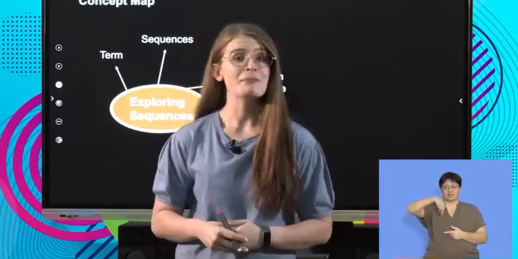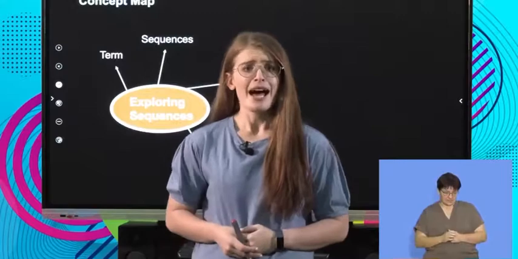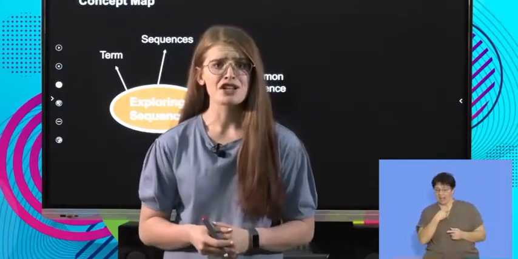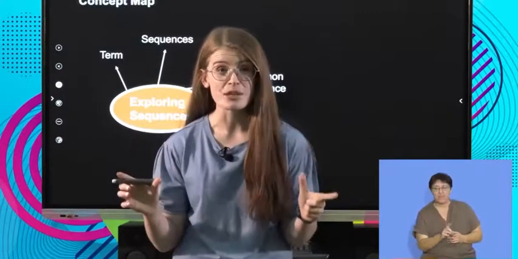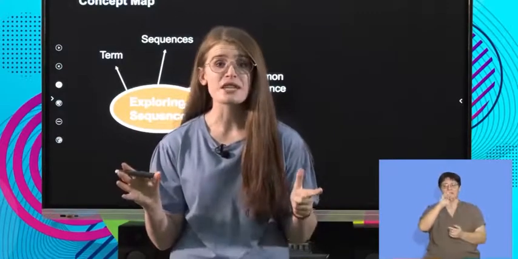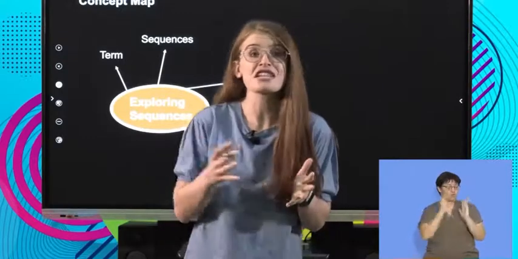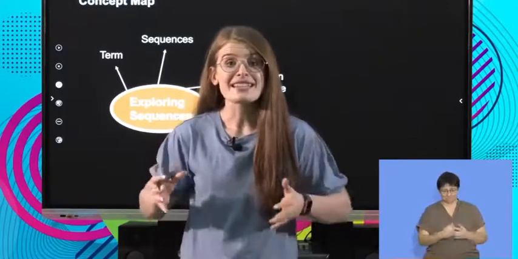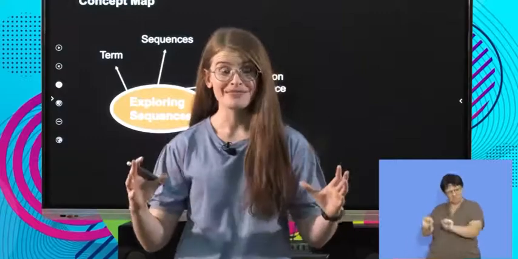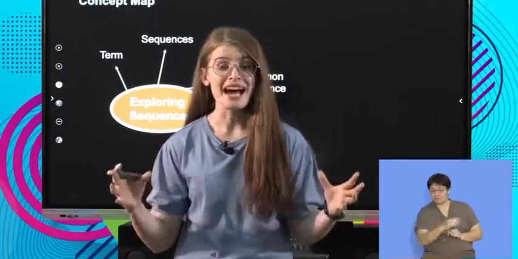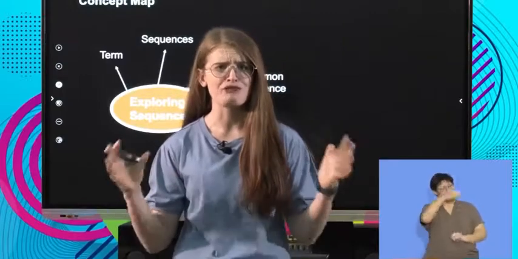Now that we've spoken about linear sequences, I'm going to throw a bit of a spanner in the works. We're now going to look at unique sequences. So these are sequences that don't necessarily have a rule that can be applied continuously. These sequences have their own rule. The first one that we're going to look at was designed by a mathematician called Fibonacci.